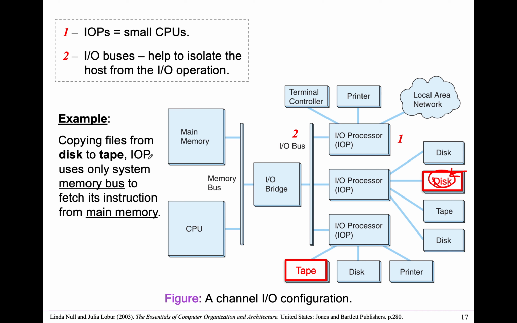The small IOP uses only the system memory bus to fetch its instructions from the main memory. So you go through your I/O processor, and then through your memory bus to pick up the correlation between the I/O and your memory.